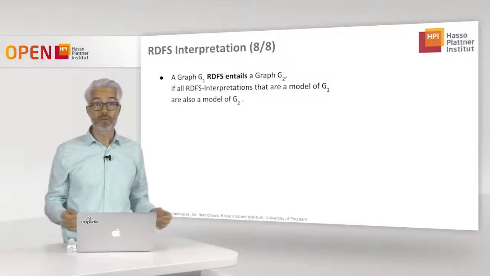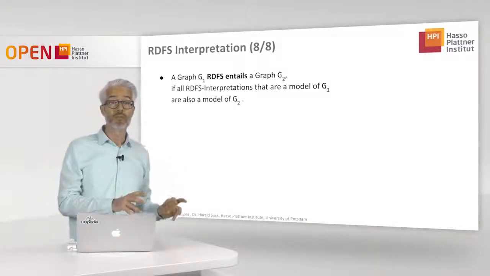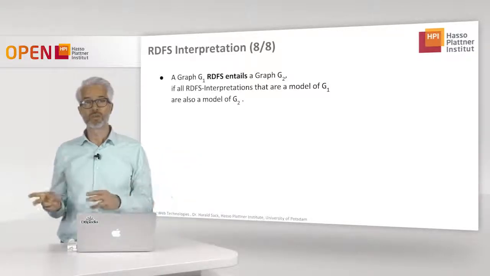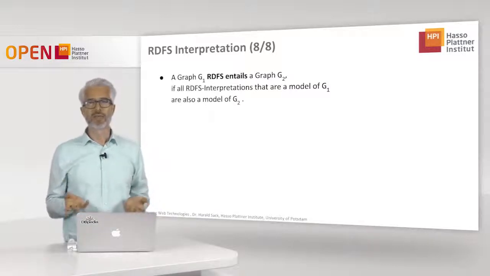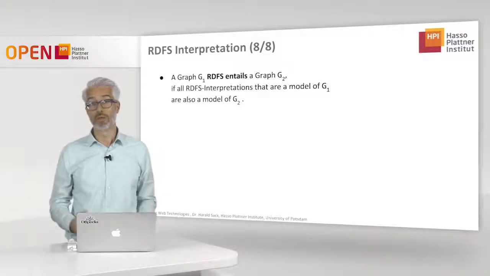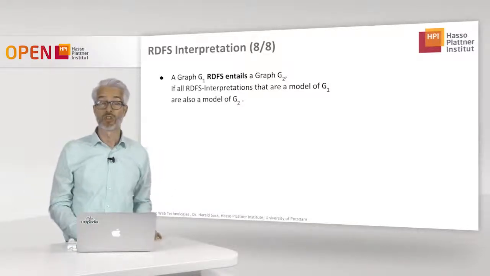And in the end, of course, you can say if all this holds and if you have a graph G1, this graph G1 RDFS entails another graph G2 if and only if all RDFS interpretations that are a model of G1 are also a model of G2. Only then you have an RDFS entailment, which is valid.